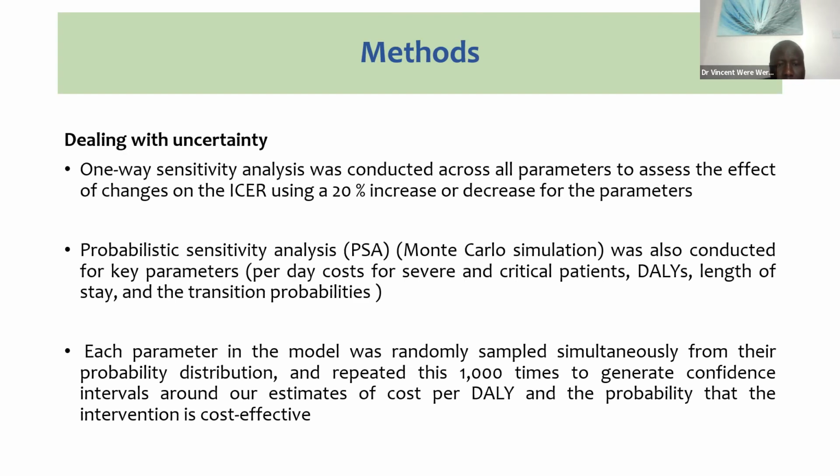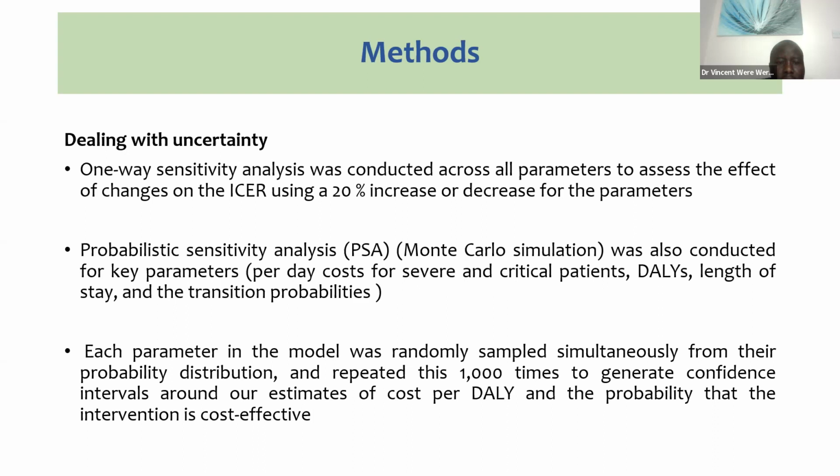When you do probabilistic sensitivity analysis, you are trying not to be the person to assign the minimum and maximum values. You feed the data into a probability distribution, and you allow the distribution to generate the minimum and maximum values for you. If you do that, then you call it probabilistic sensitivity analysis.